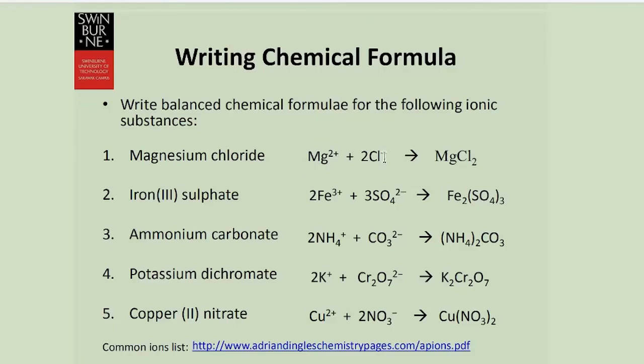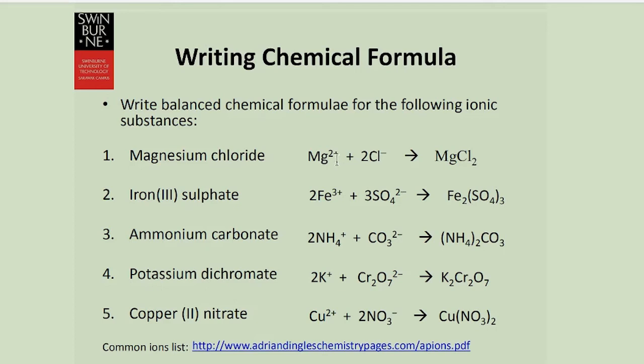Chlorine is a non-metal, so it will have negative charge, and chlorine is always one negative. So magnesium and chloride will form in this way, and we see that magnesium has 2 positive but chloride has 1 negative. To neutralize this 2 positive charge, 2 chloride are needed, right?